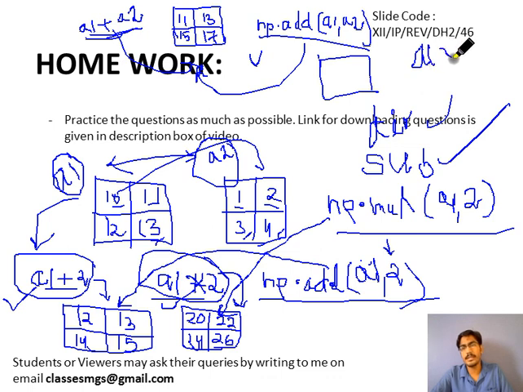I think you are smart enough to answer this. a1 star a2: 10 into 1 is 10, which will be displayed. 11 into 2 is 22. 12 into 3 is 36. 13 into 4 is 52. This way you can do it.